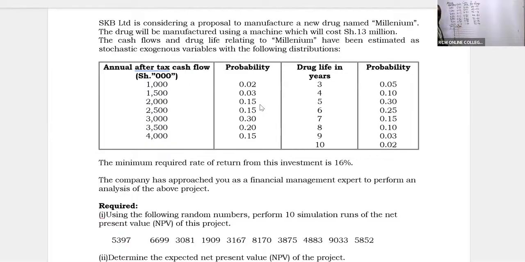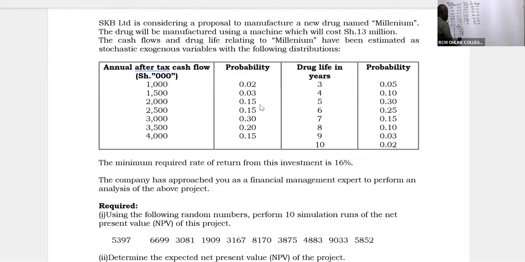So probabilities that we have there. I can see 0.05, 0.10, 0.30. After that, I can see 0.25. After that, 0.15 again.